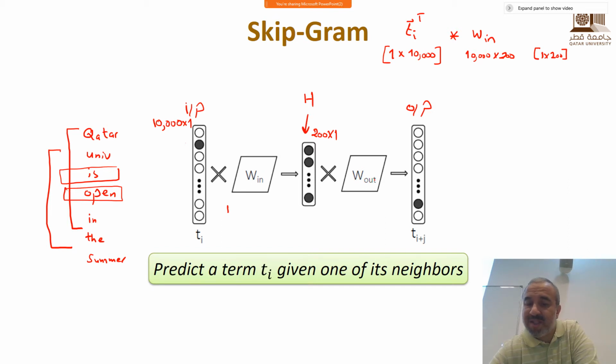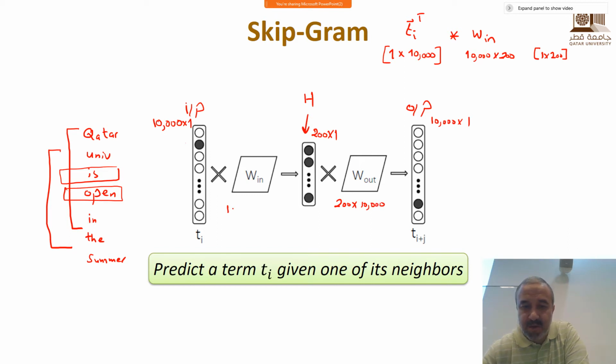Now, the size of that matrix is similar. What are the number of dimensions here? 200 or 10,000? 10,000. Remember the input and the output are one hot representation, so that's the original local representation. So that will be again 10,000 by 1, and this will be 200 by 10,000.